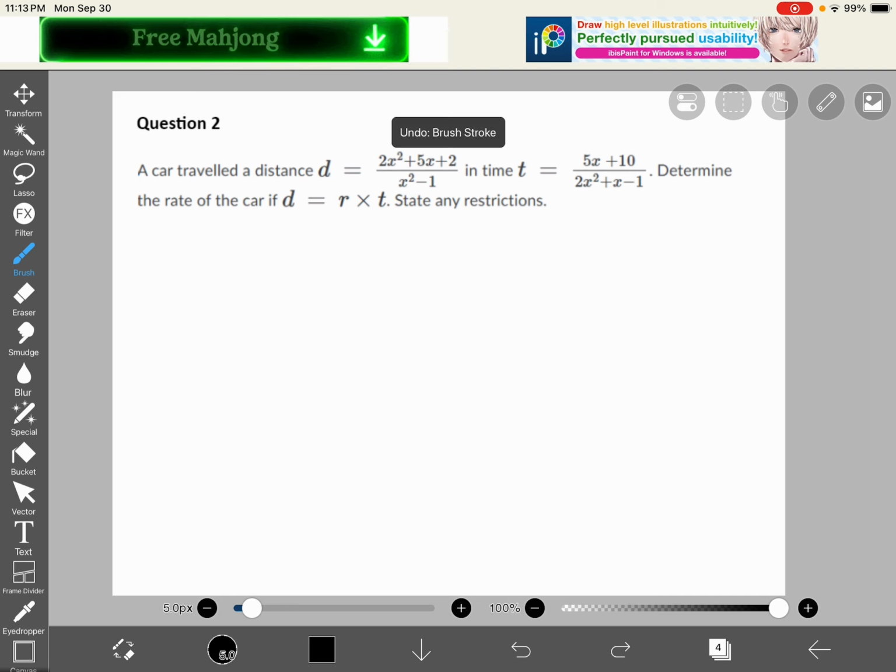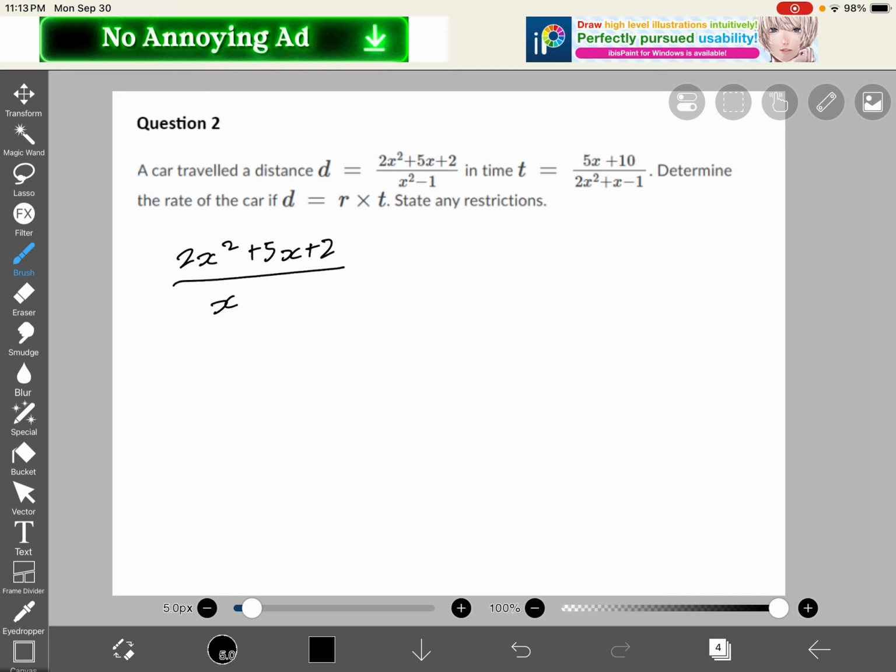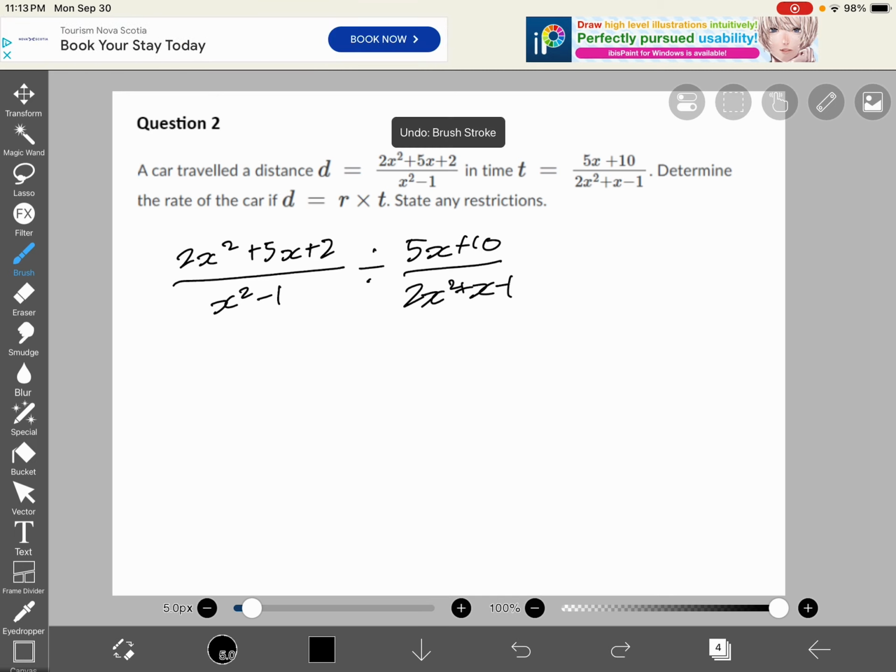So first we take this 2x squared, take the d and write it down, over x squared minus 1, divided by 5x plus 10 over 2x squared plus x minus 1. And then that's going to become, what do you think?